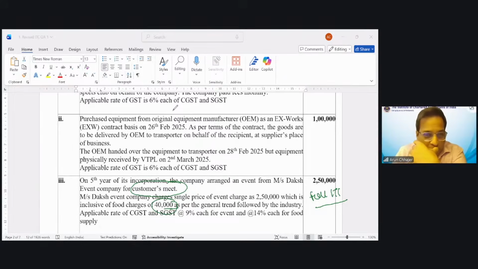Okay. So Tanu, ITC is available on 250 or 210? Okay. So most of the participants are saying 210. ठीक है.